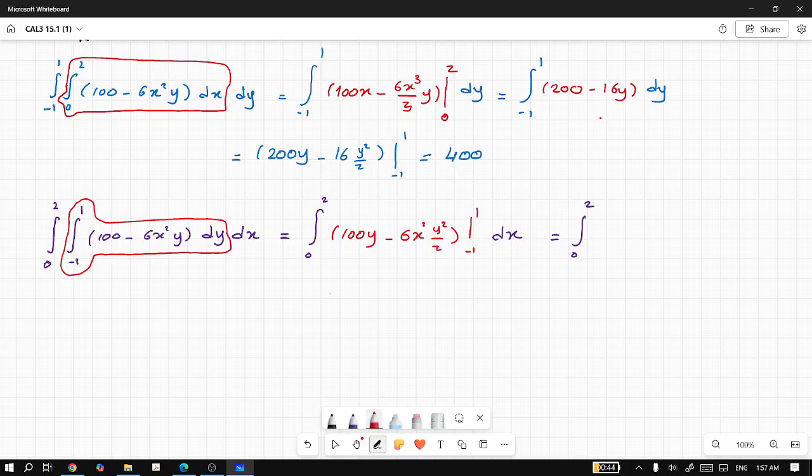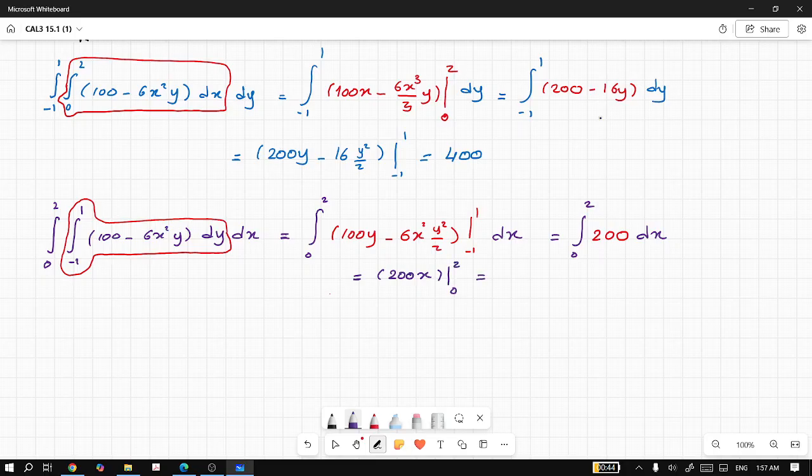Here we get 200. Okay, when we solve it, we get 200, simplifying it, and here we get dx. Taking this integration with respect to x, we get 200x, and the integration runs from 0 to 2.